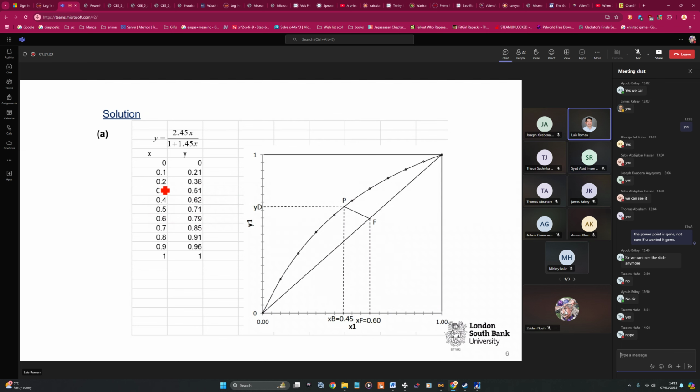I would say you should use 8 points or so, just to have a smooth plot. So using the equation, we have calculated the values of y for different values of x, and we have now drawn our equilibrium curve. And you always need to draw also your reference line or 45 degrees line, that line.